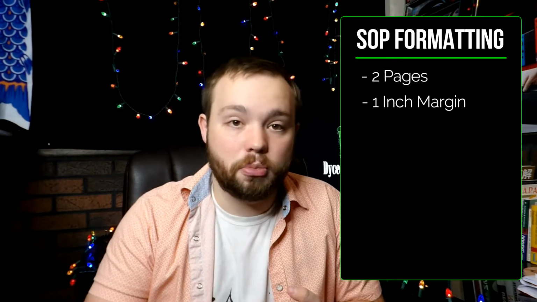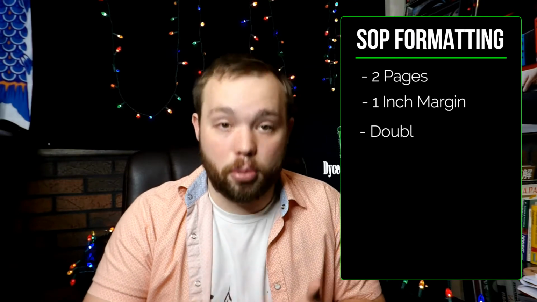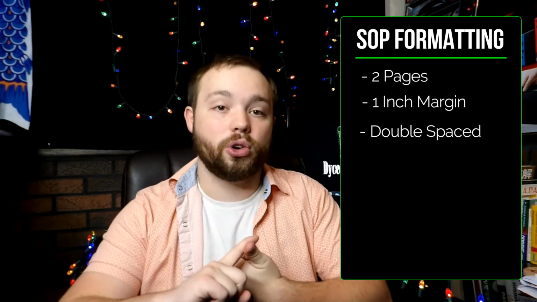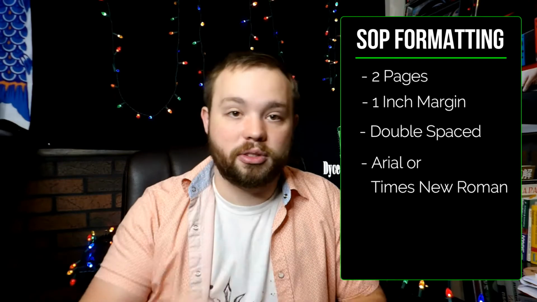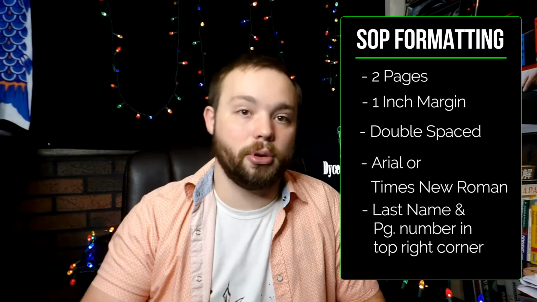It has to have a 1-inch margin on every side. It has to be double spaced. It has to be Arial or Times New Roman font, and you also have to put your last name and page number in the top upper right-hand corner. And honestly, that's not a lot of space to tell them about who you are as a person, and to also take care of all of the other things that they want you to do inside of the SOP.